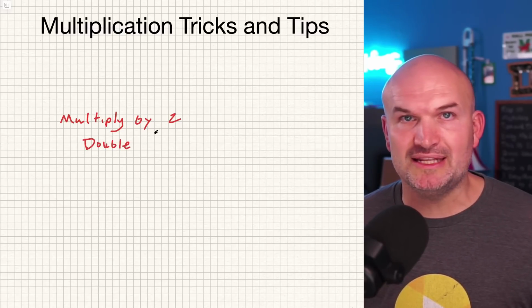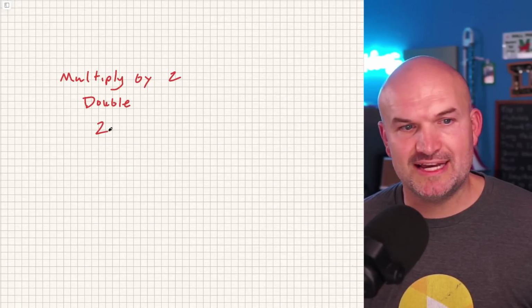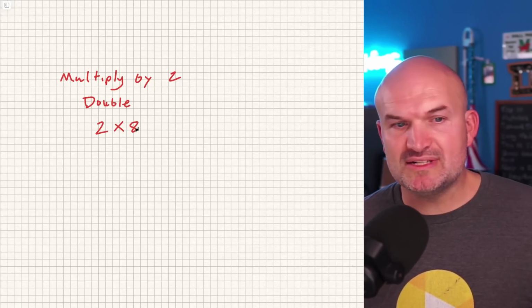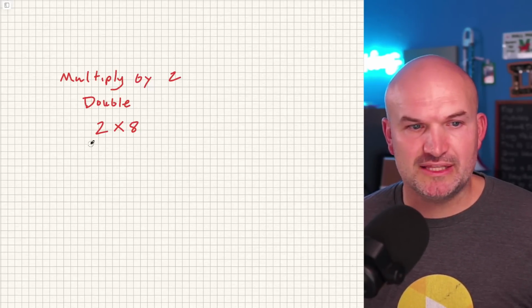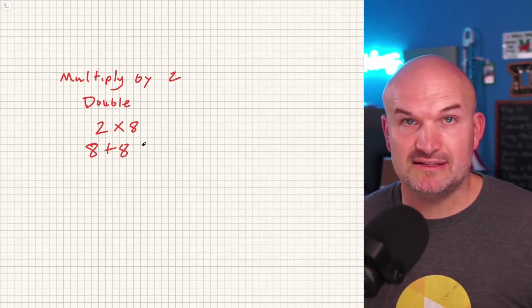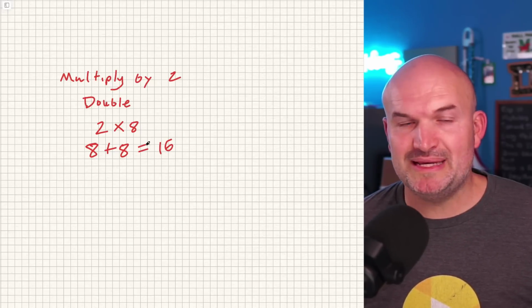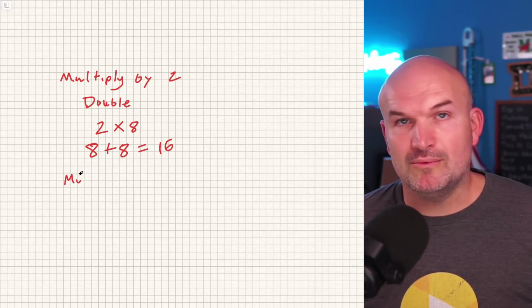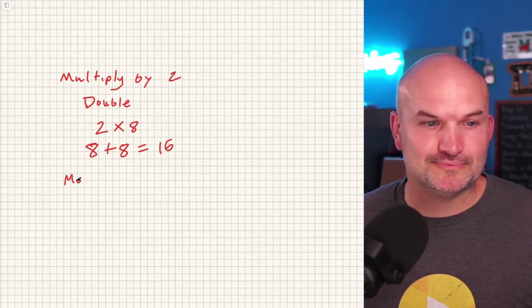And basically doubling is just adding the same number to itself. So if I said 2 times 8, multiplying by 2 is just doubling the number 8. So basically what we're going to have is 8 plus 8. And then now it just becomes an addition problem, right? 8 plus 8 is going to be 16. So anytime you have to multiply by 2, just think of doubling whatever number you're multiplying by 2.